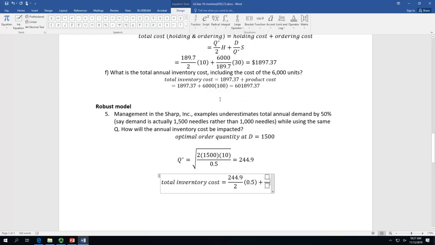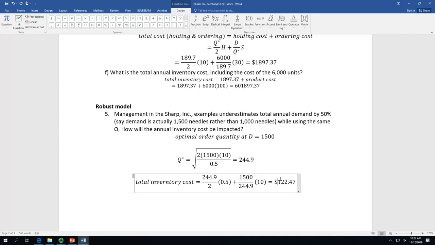Ordering cost equals demand, 1500, divided by 244.9, and each order costs $10. If I calculate them all together, this equals $122.47. That's the total.